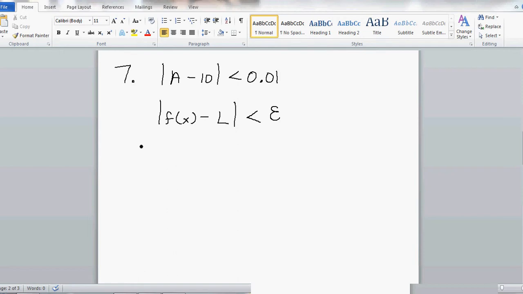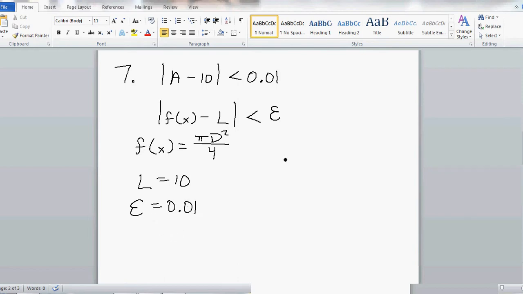So it becomes pretty simple. f of x is whatever A is, and A in this case is pi d squared over 4. L in this case would equal 10. Epsilon has to be 0.01.